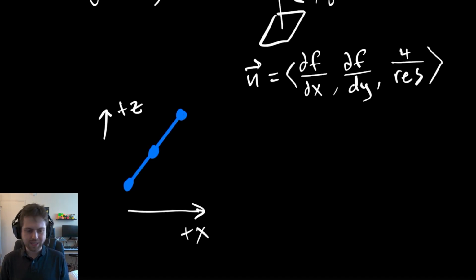So I've drawn this diagram, which will hopefully help us understand what we're actually trying to do here. We're looking down the y-axis, okay? So in other words, we have the zx plane. Looking down the y-axis, zx plane. Hopefully that makes sense. And so for the normal component, the x component of the normal, we want to find the partial derivative of x with respect to z.